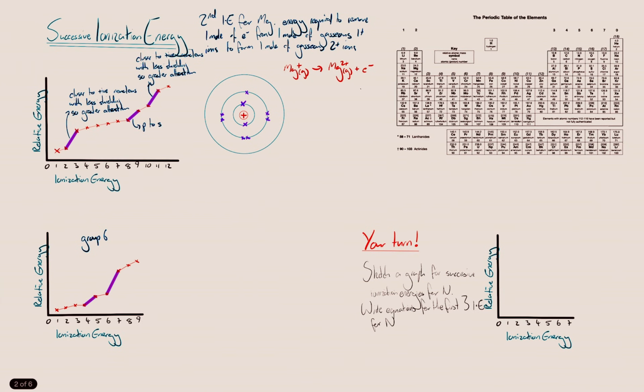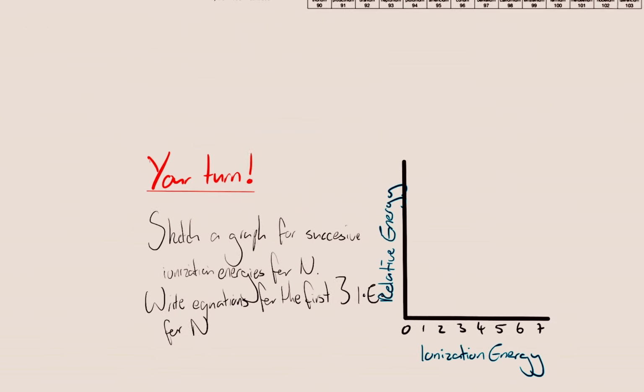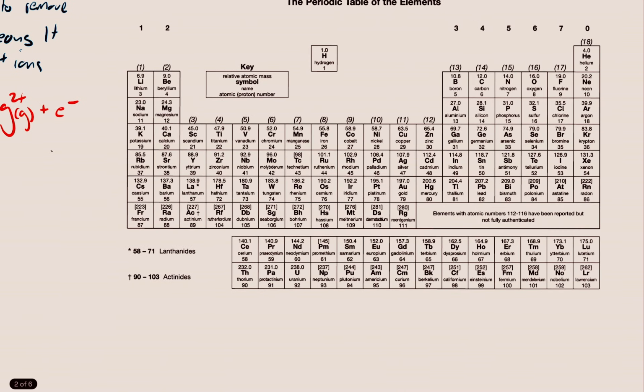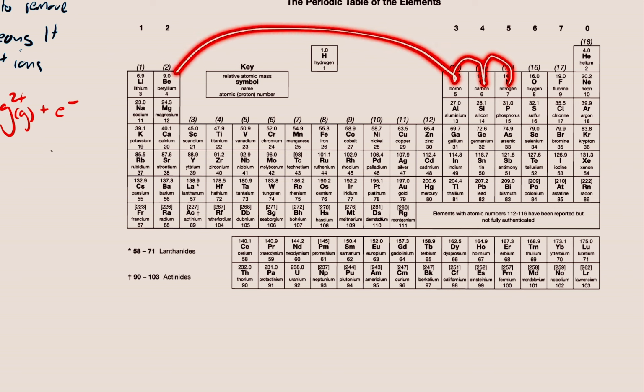Let's go back to the previous thing that we looked at. We looked at successive ionization energies, and we're sketching a graph for nitrogen. So nitrogen is here. We remove 1 electron, 2 electrons, 3. So we're going to expect a slight jump here between this electron and this electron because we're going from p to s.